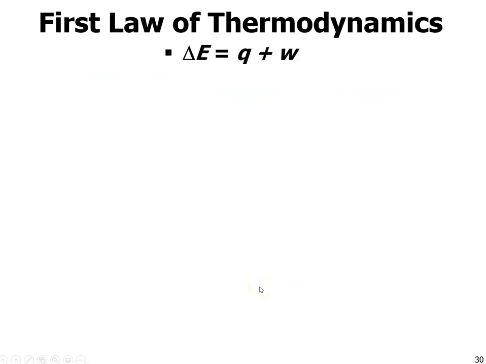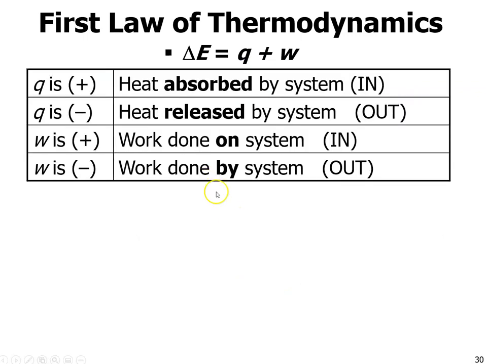So this is essentially the first law of thermodynamics. Q is heat absorbed by the system, coming in. If Q is positive, heat is coming in. If Q is negative, heat is being released by the system, going out of the system. If W is positive, work is being done on the system, or it's going to be compressed, for example.